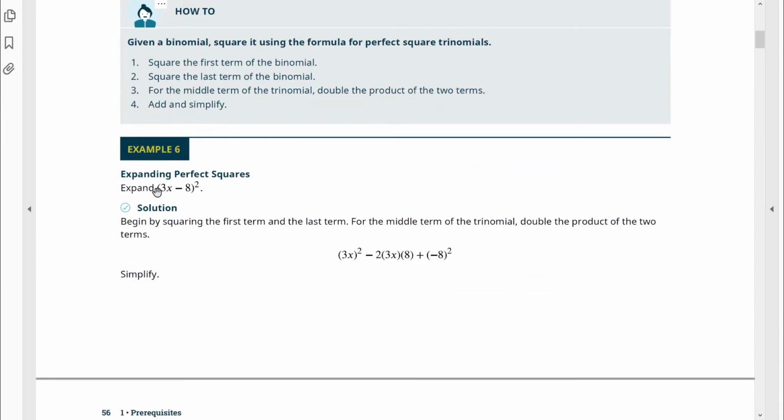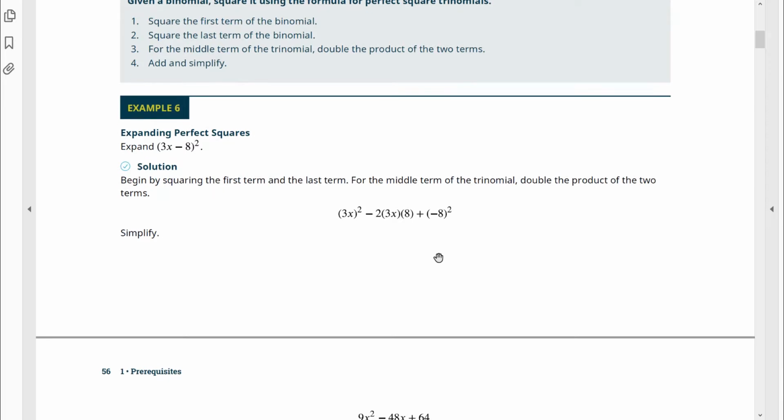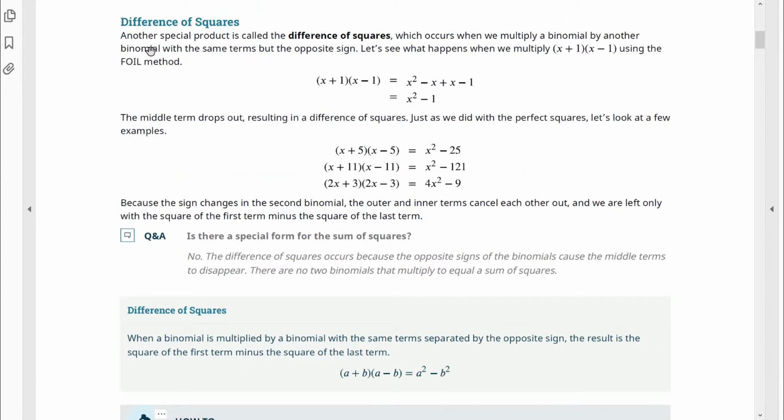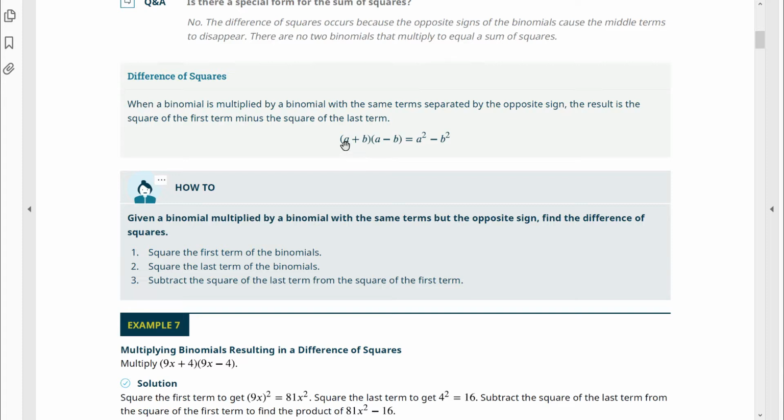Examples of the binomial squared formula, using it. What they call the difference of squares, how to work with it, learn to use this principle. This is the formula of a plus b times a minus b, the special product.